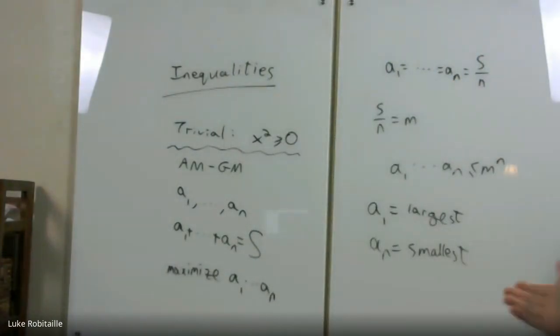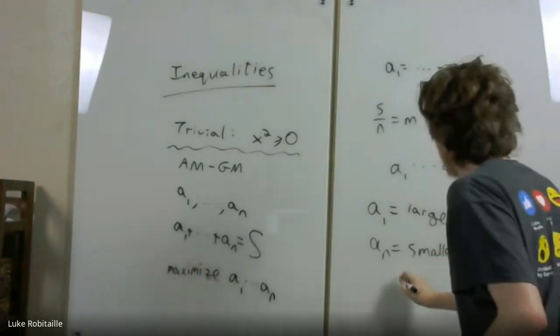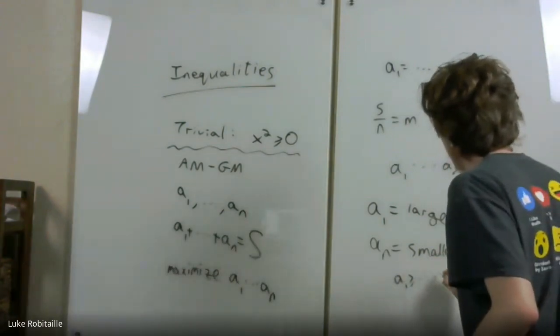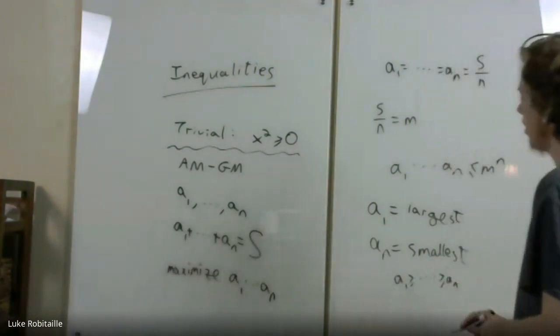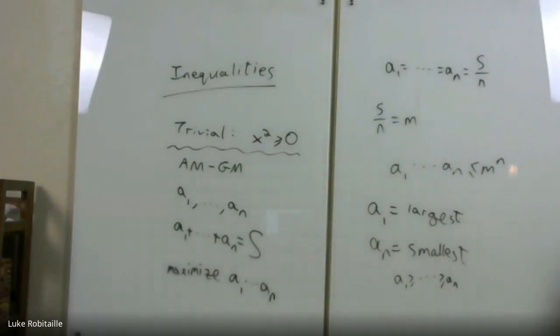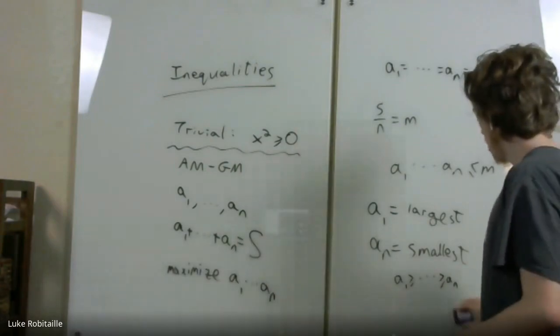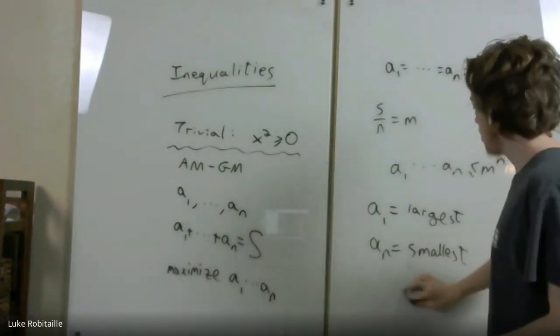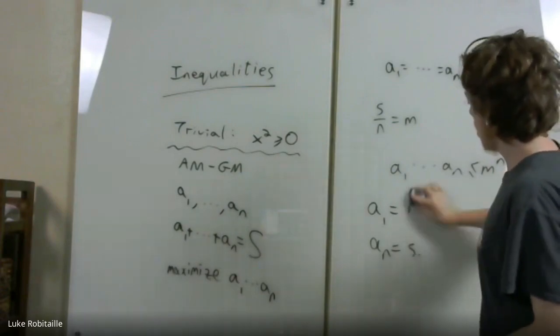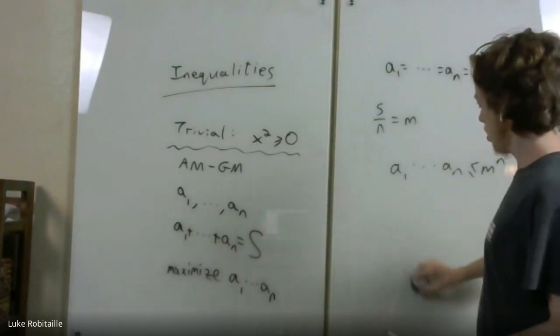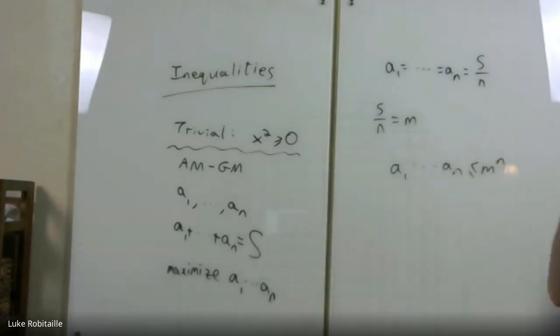You could just say, assume without loss of generality that a1 is greater than or equal to a2, greater than or equal to a3, all the way to an. We only need the largest and smallest. So let's assume that. Now let's take a look at replacing a1 and an with two numbers with the same sum as they originally had.